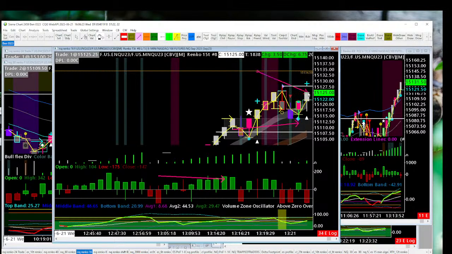But usually I want to see them print another bull bar. And by the time they've done that, we're going to be up at a new high. And I'd have to have another big delta to the upside to think that it's time to buy a breakout. So here you can see the last time we broke out and closed bullish, our highest delta was here.